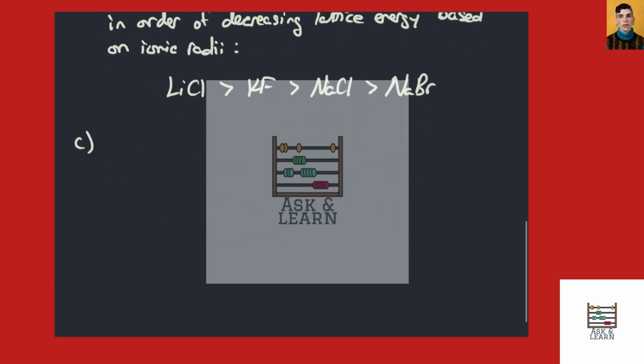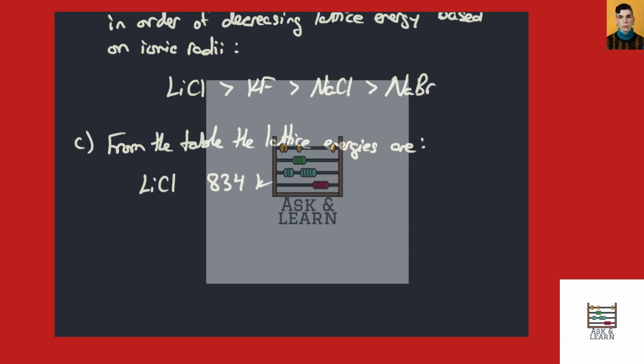For part C, using the table of lattice energy, check your prediction in part B. So from the table, the lattice energies are as follows.